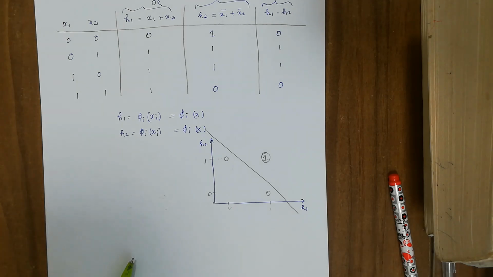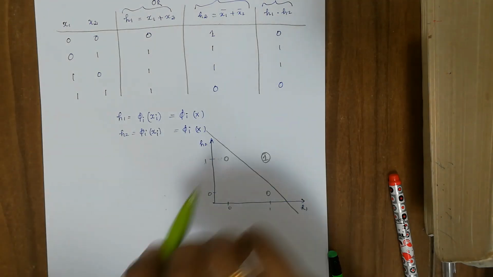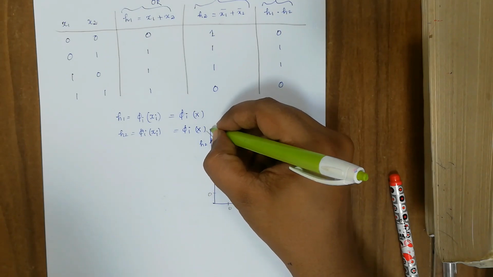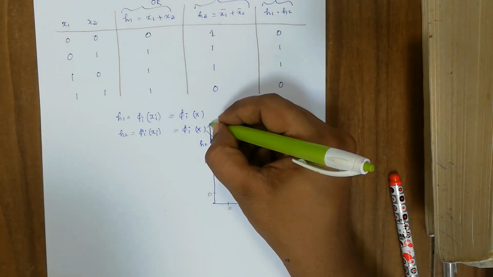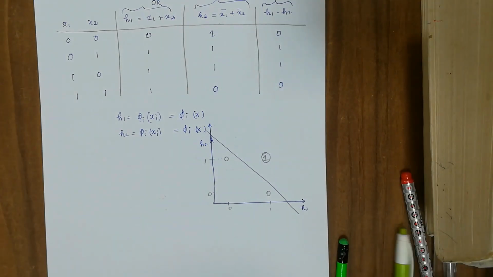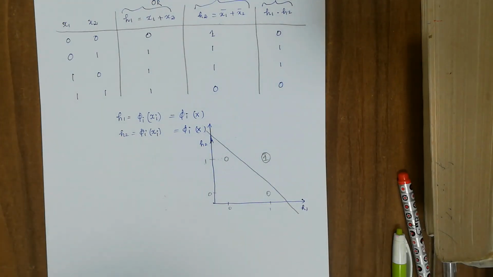So this is the idea of applying a nonlinear function in the multilayer perceptron. Here we are not taking an actual nonlinear function; instead we have used a simple OR operation and a simple NAND operation. But in an actual multilayer perceptron, where the boundaries are so complicated, we apply the sigmoidal function.